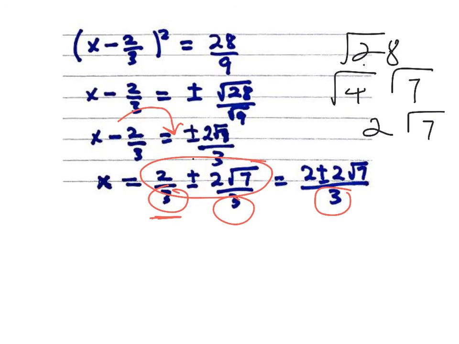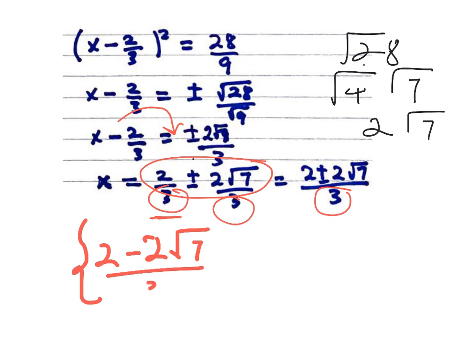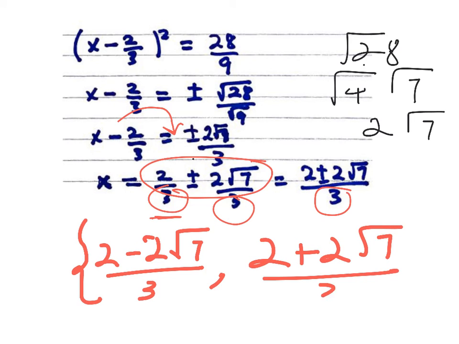The final step is to separate this into 2 answers, which will look something like this: 2 minus 2 root 7 divided by 3, comma, 2 plus 2 root 7 divided by 3.